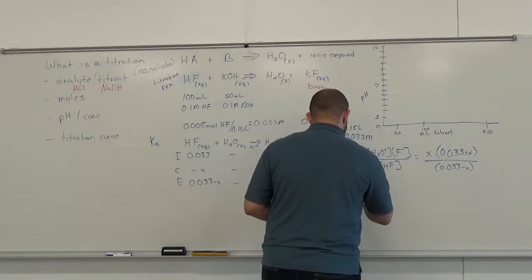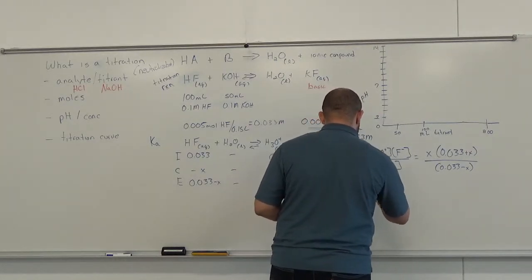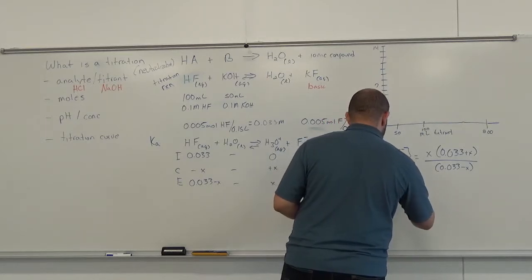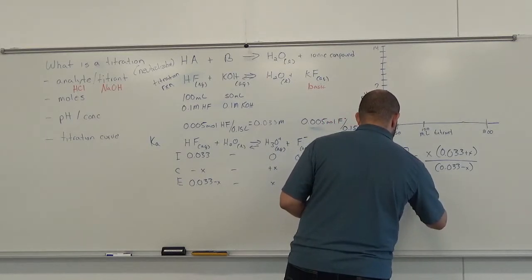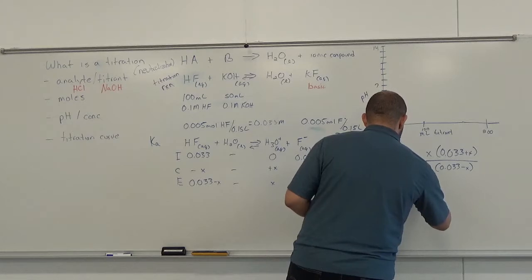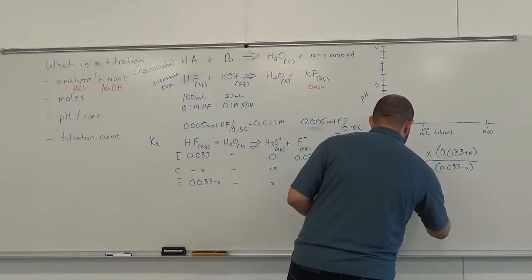So 6.6 times 10 to the negative 4 is equal to x times 0.033 over 0.033.